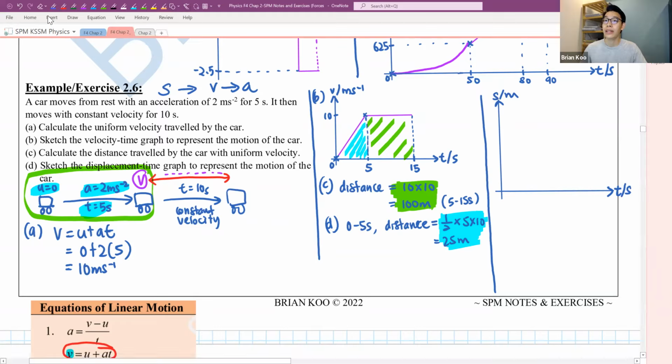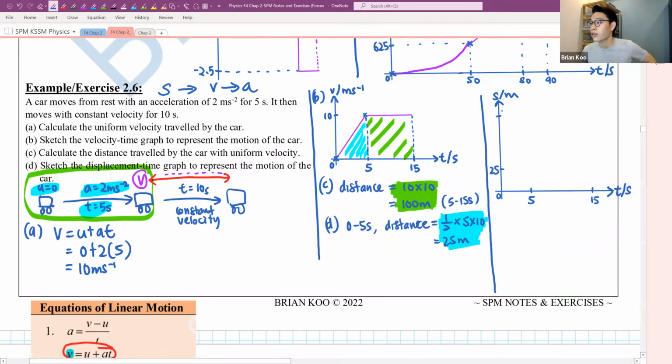All right, so for the blue color part, maybe I get everything ready again like just now. At first is 0. We have 5 seconds and then 15 seconds. 5 seconds later, it has traveled 25 meters. And then from the 5th second to the 15th second, it has traveled another 100 meters. So you need to add on top of that 100, right?